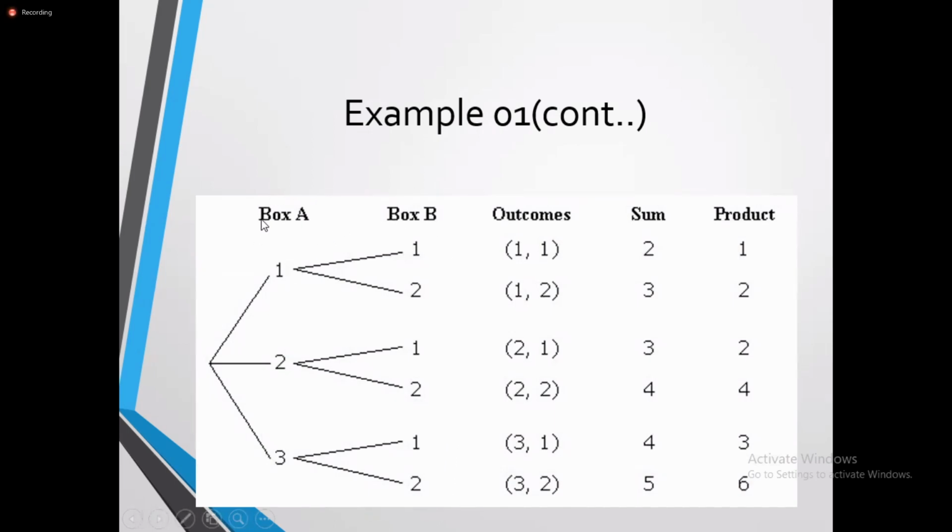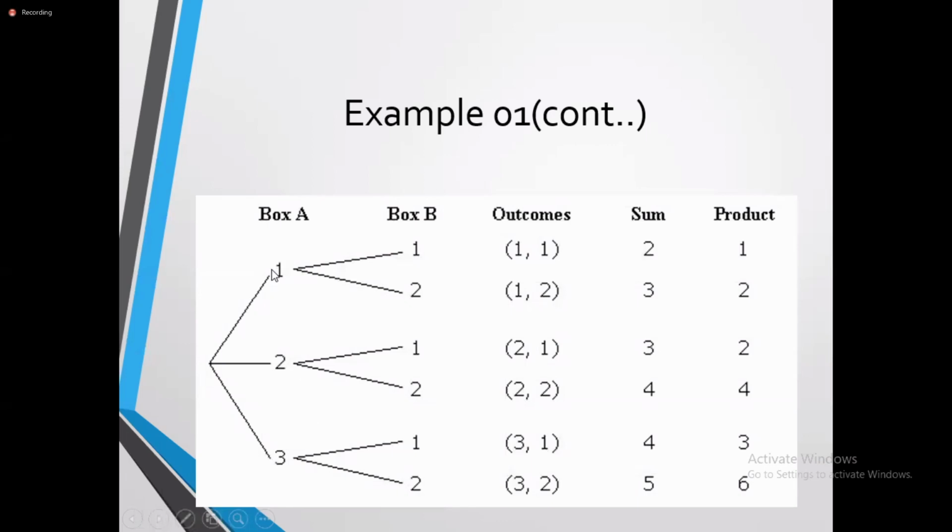Here, first we have drawn these branches for the outcome of box A. If we select one card from box A, how many possible outcomes are there? It has only 3 cards, from number 1 to 3.